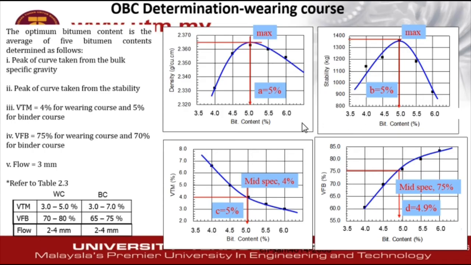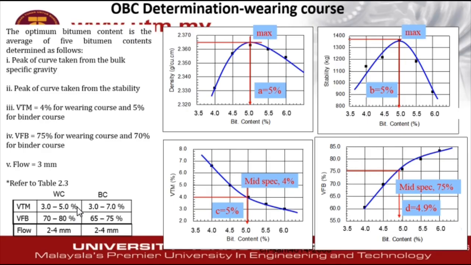And then the next criterion is VTM. Here, the criterion for VTM is based on the mid-spec, which is 4% for wearing course and 5% for binder course. Why? Because if you refer to table 2.3, the acceptable VTM range based on the specification is 3 to 5%. So the mid-spec will be 3 plus 5 divided by 2, and we get 4%.